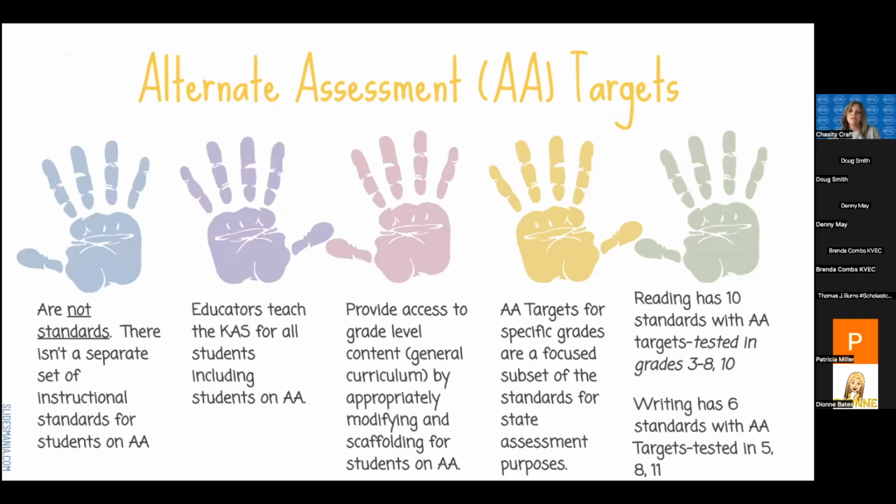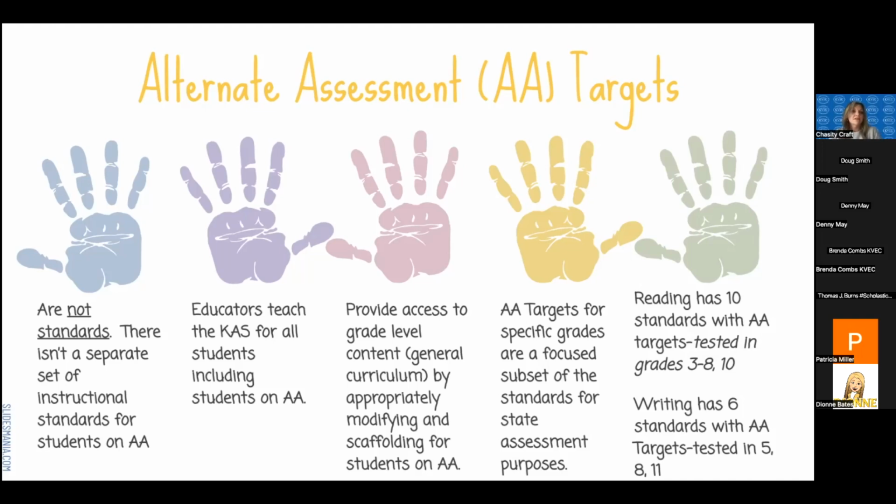So with our alternate assessment targets, it kind of gets confusing sometimes what they are and how you're supposed to use those and what responsibility you have. So first of all, the targets are not standards. You don't have a separate set of instructional standards for students that are on alternate assessment.